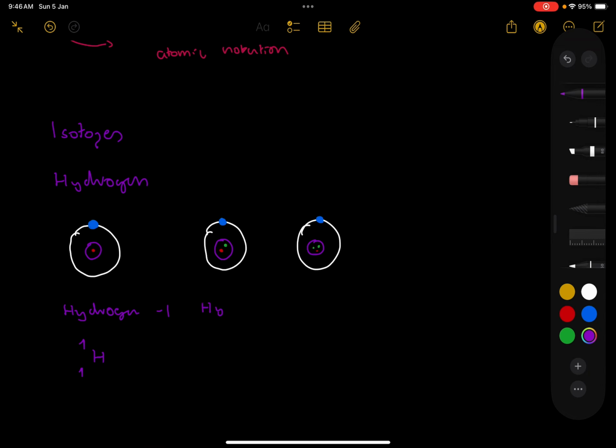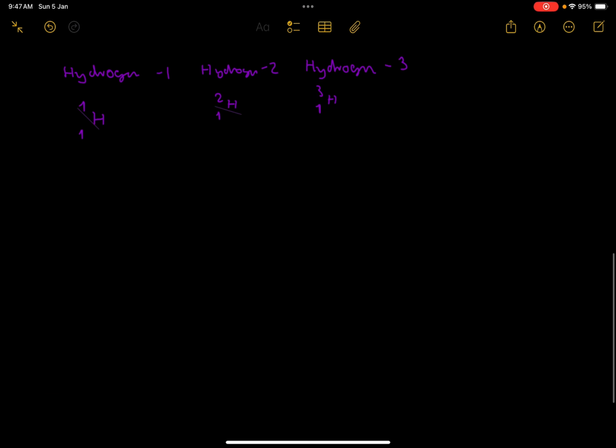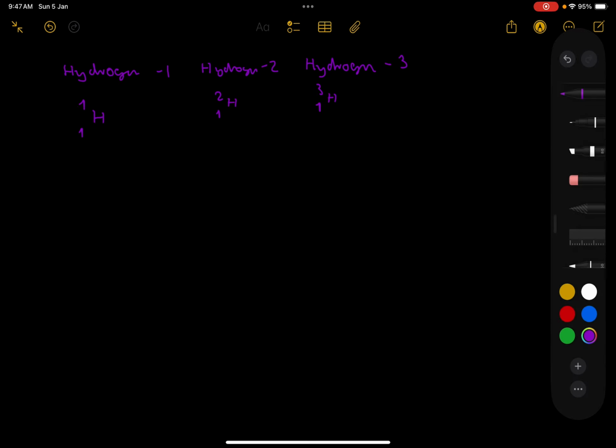This is hydrogen 2, which is going to be 2H1, and then this is hydrogen 3, which is going to be 3H1. So the only thing that's different is over here we have 1 proton and 0 neutrons in this case, 0 neutrons, 1 neutron, and over here we have 2 neutrons. That is what makes an isotope different from another isotope. So they have different physical properties from other isotopes of the same element.